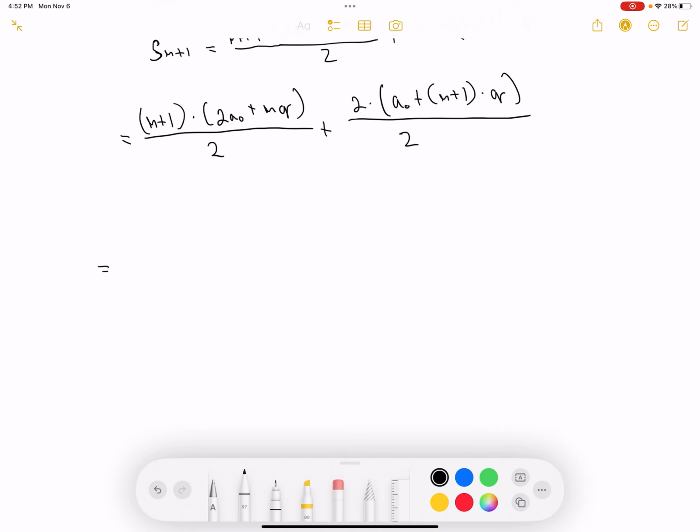So first, n times 2a0 is 2a0n plus nq, plus 2a0 plus nq.